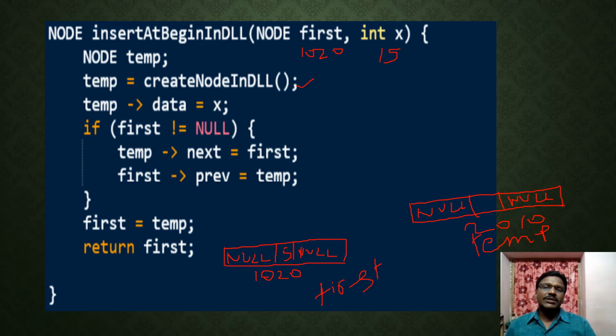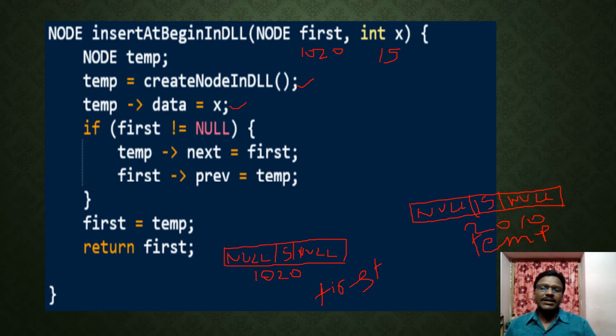Then execute temp data equal to x. The temp is representing 2010, the x is 50, so that value is stored in the temp data. Now, first not equal to null. The first is representing 1020, so the condition is true. Now temp next equal to first.